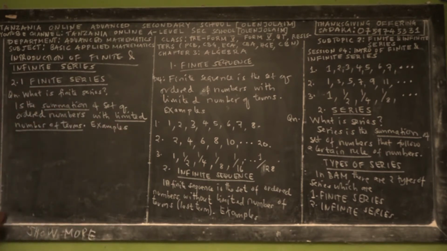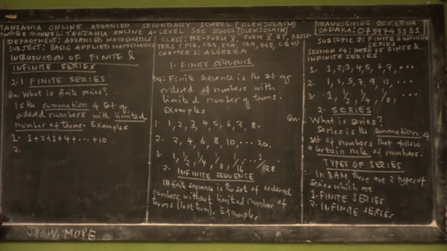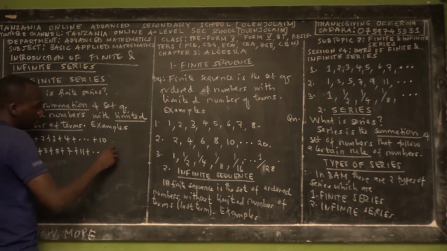Examples. First example of finite series is 1 plus 2 plus 3 plus 4 plus dash dash dash plus 10. The second example of finite series is 2 plus 3 plus 5 plus 7 plus 11 plus dash dash plus 7.